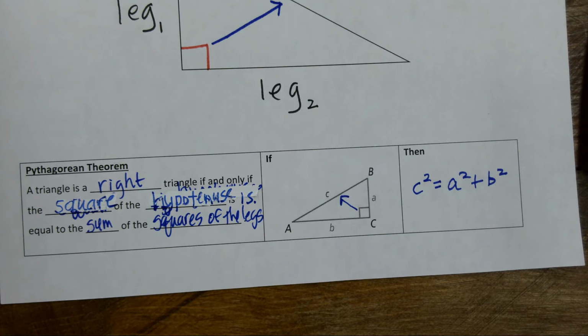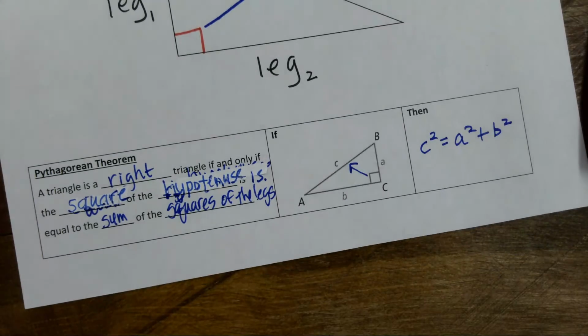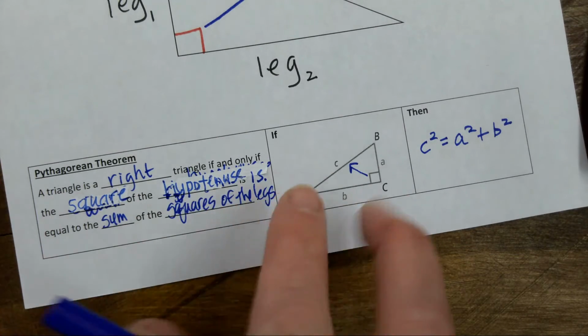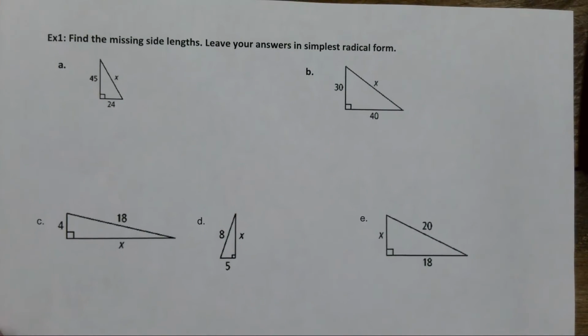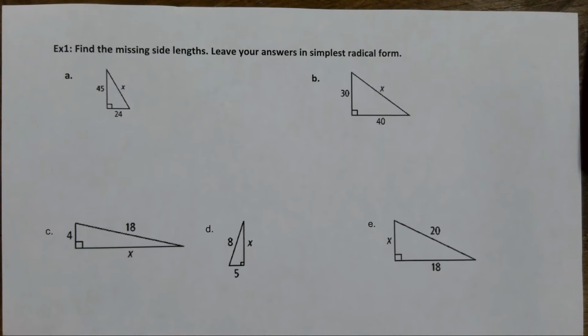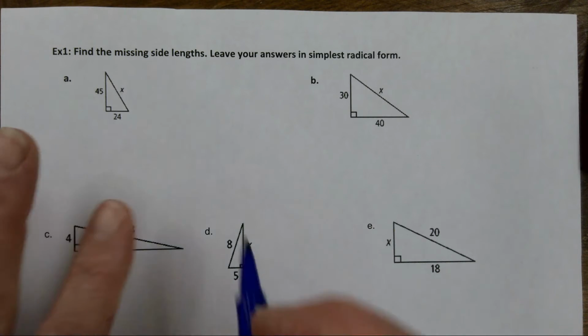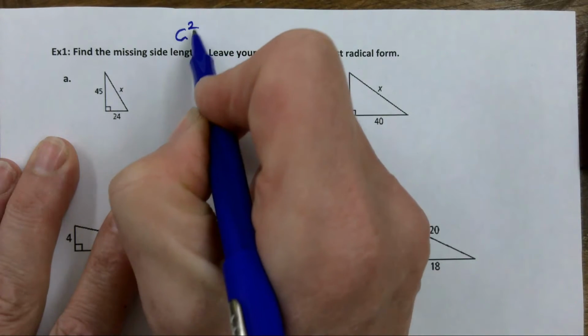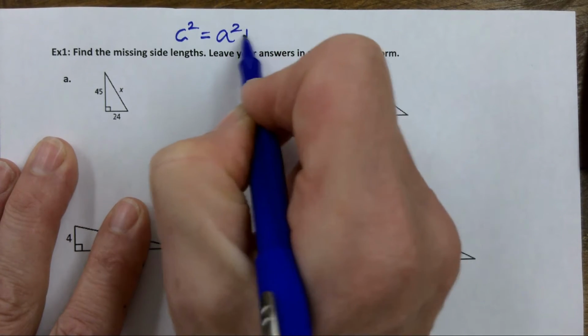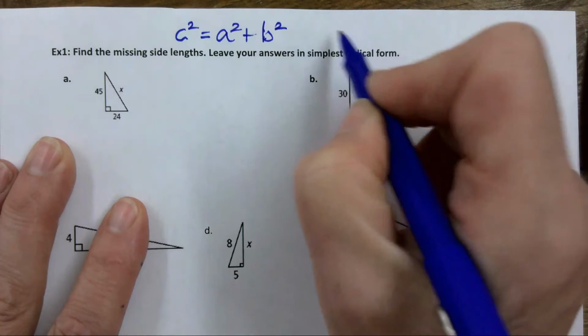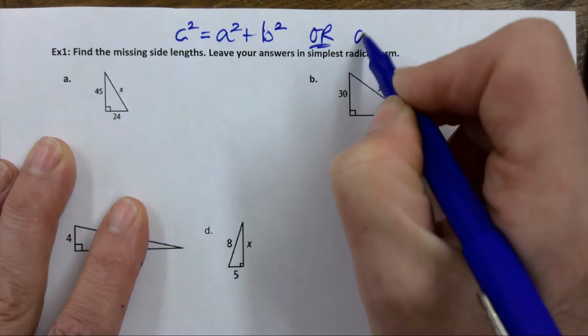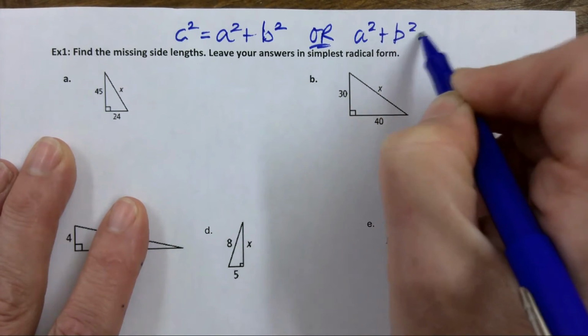So let's use the Pythagorean theorem to solve for missing sides of a right triangle. Our formula is the square of the hypotenuse is equal to the sum of the squares of the legs, or you could write it the other way, a squared plus b squared equals c squared.